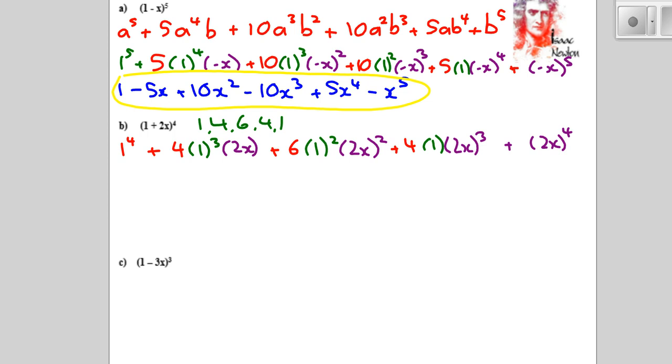So what's 4 times 1 cubed times 2x? It's easy because all of these are going to be pluses. 8x, yeah. It's worth having a little think about it. This is easy, but what's 2x squared?